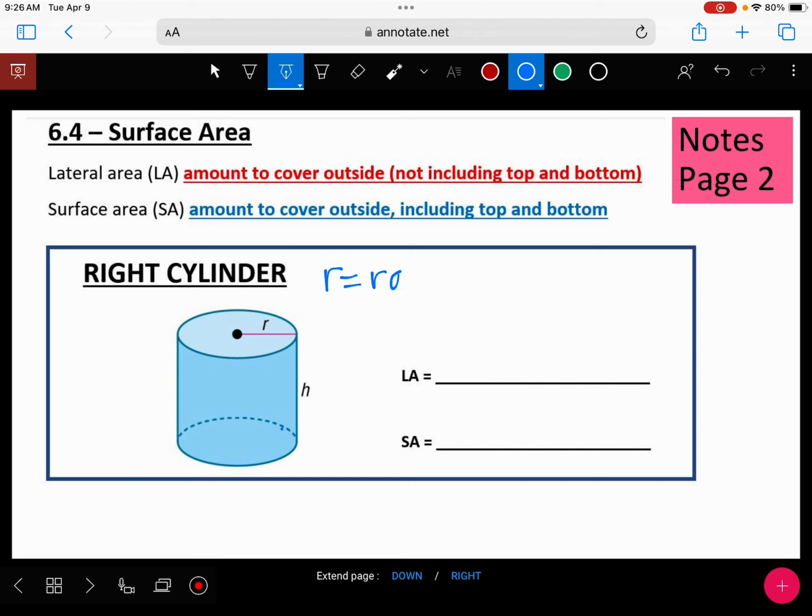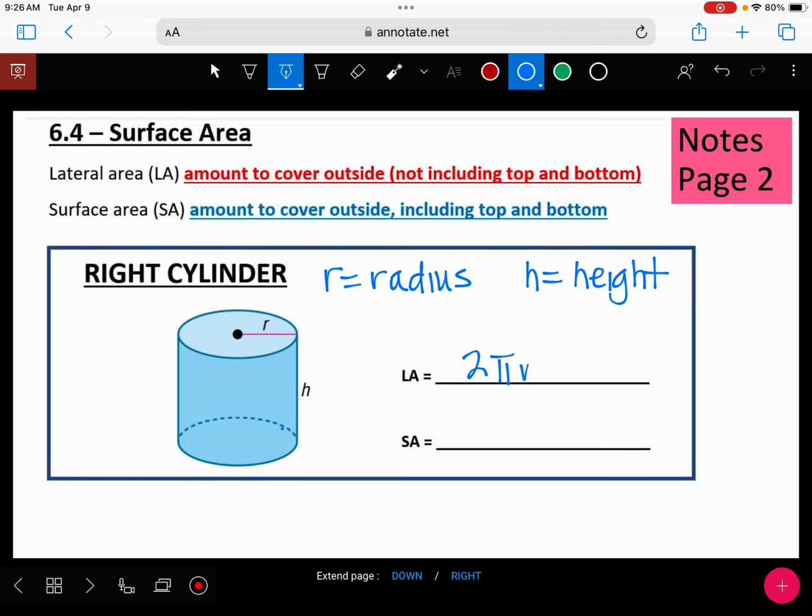We have to know R, which is the radius, and we need to know H, which is the height. So remember, lateral area would be if I want to go around the can. If I want to go around the can, it would just be 2 times pi times R times H.